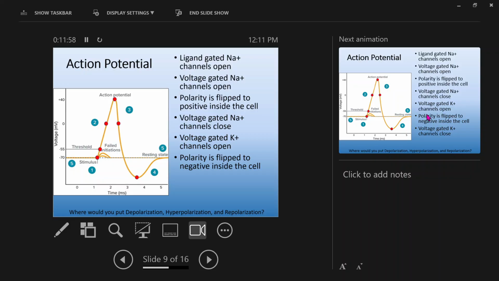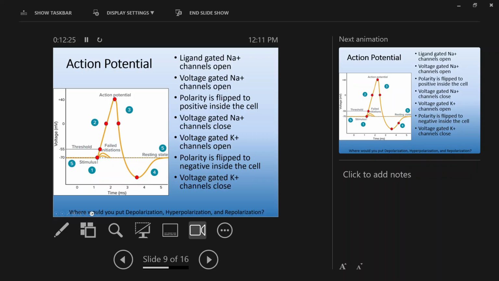Down here, what is the name for this? Hyperpolarization. And what are we changing? Always look at the process and think, what is still open? My potassium channels need to be closed. So my voltage has changed such that that channel can no longer remain open.